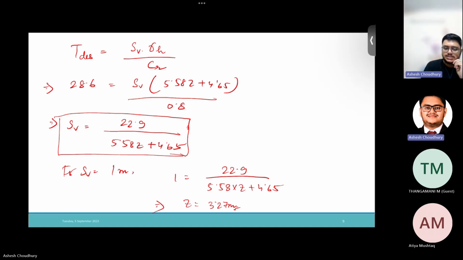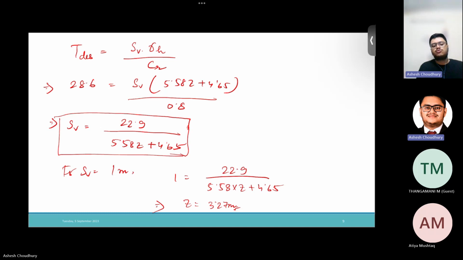So if we use 1 meter spacing, then the maximum depth we can go is 3.27 meters. Initially it was given in the question to try 1 meter spacing, but we saw that for 1 meter spacing it's not possible, as the depth we can cover is limited to 3.27 meters.